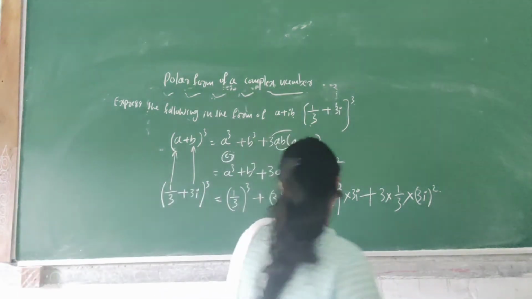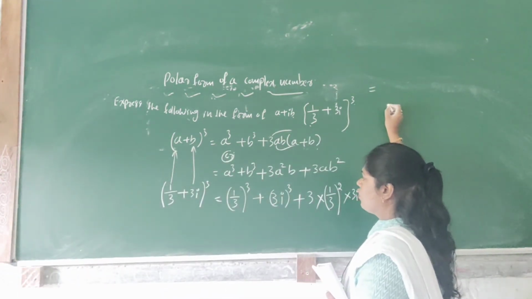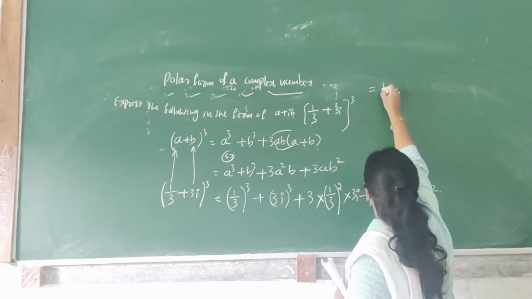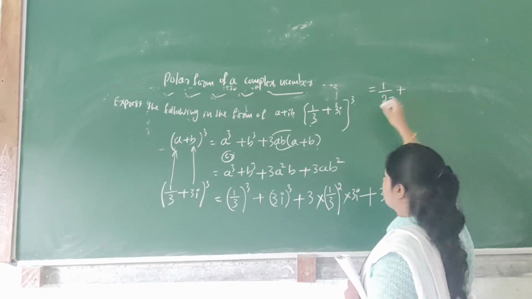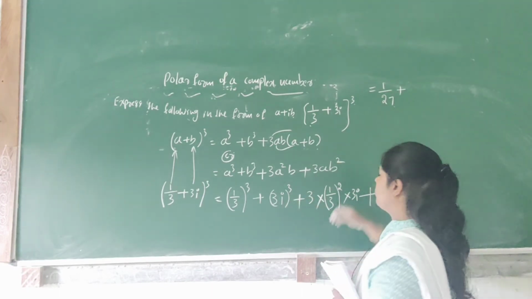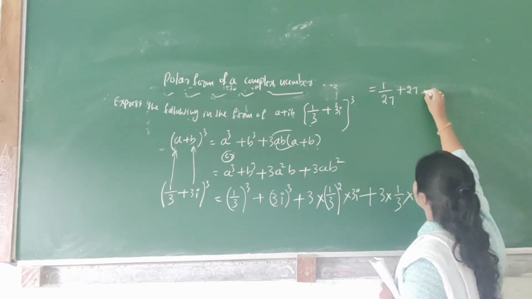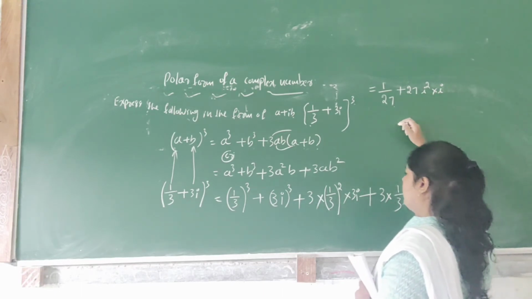Okay? So we have to substitute. What is (1/3) whole cube? 3 3s are 9, 9 3s are 27. So 1/27 plus 3 cube is 27, i cube can be written as i square into i.